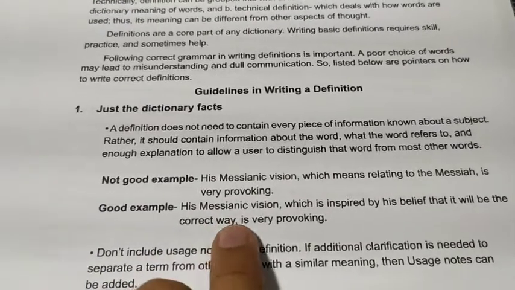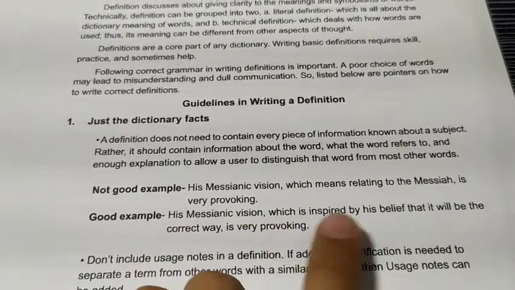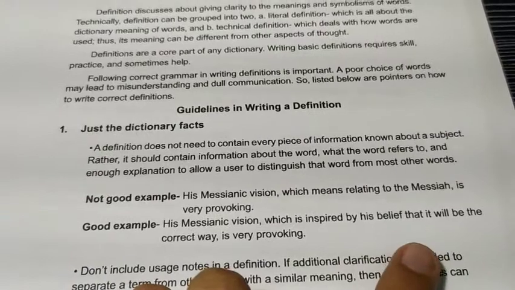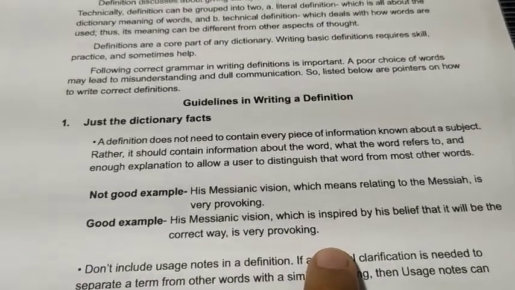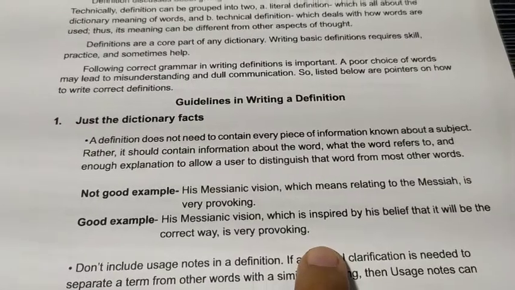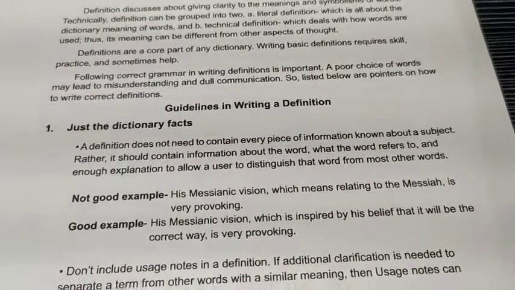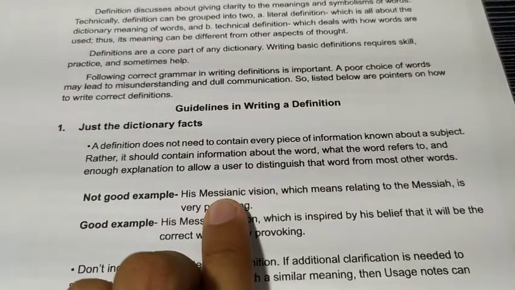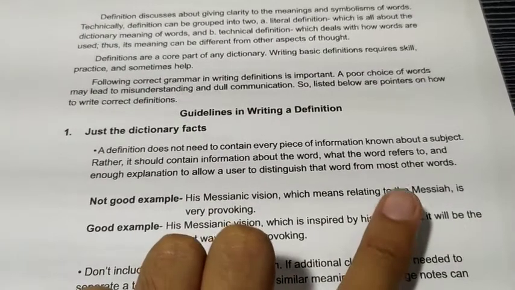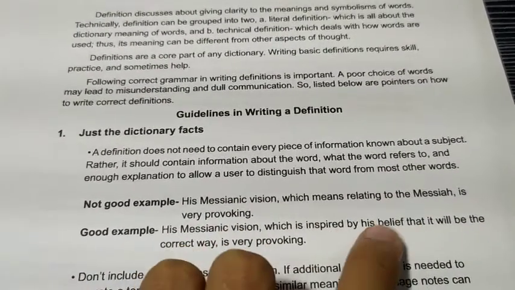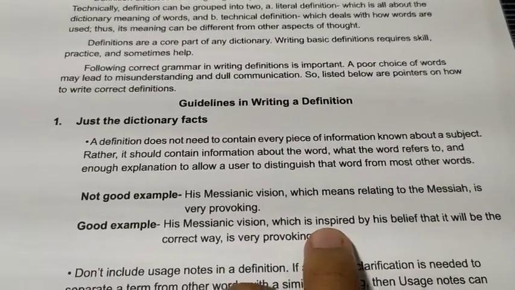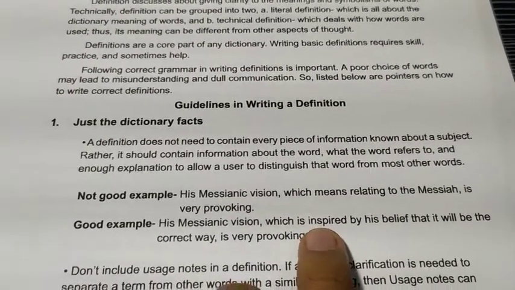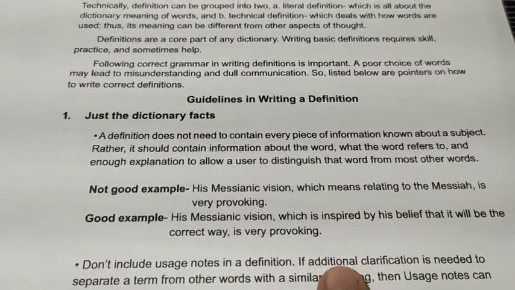However, in the good example, his messianic vision, which is inspired by his belief that it will be the correct way, is very provoking. So here, it is not only said that the messianic vision is centralized about Messiah only, but it is about the inspiration and the motivation he brought to people.